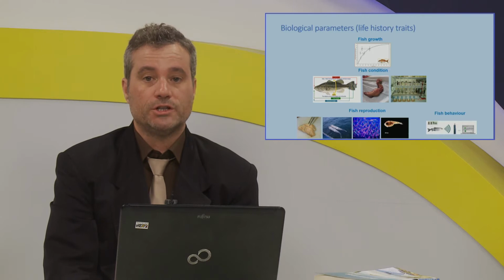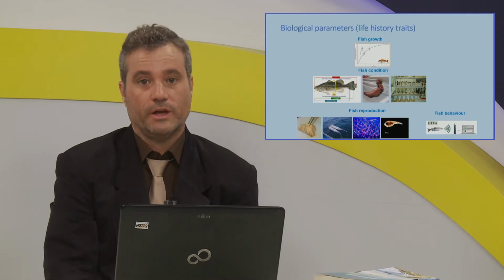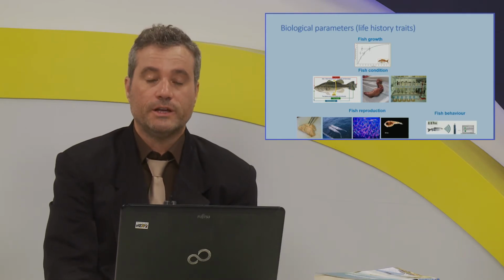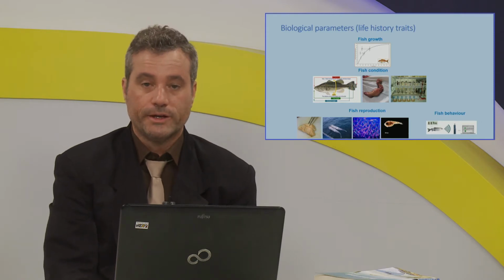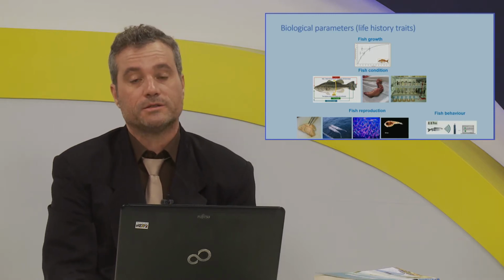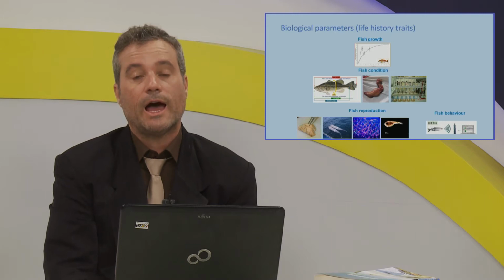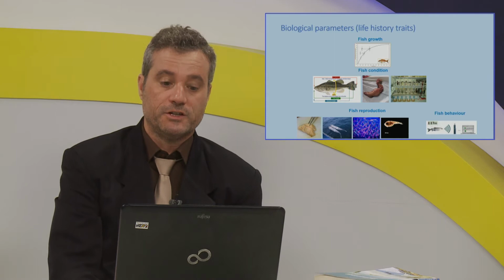Which biological parameters should at least be taken? First of all is fish growth. Secondly is fish condition, which can be measured in different ways: morphological simple condition indices based on weight and length of the fish, or more complex indices like liver weights and lipids in the tissues. Then we have fish reproduction.